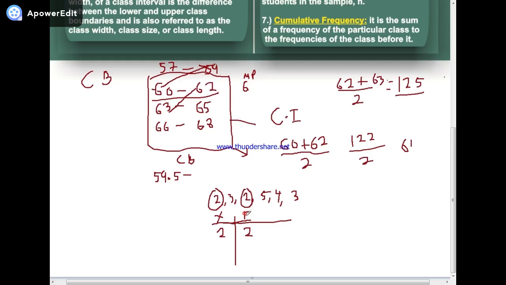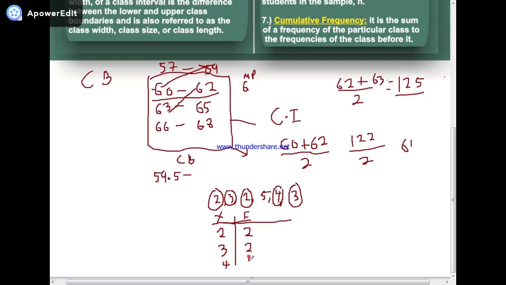And how many times does 3 appear here? That is 2 times, that is 1, 2. So 3 appears 2 times, so your frequency of 3 is 2. And also, how many times does 4 appear? 4 appears 1 time.